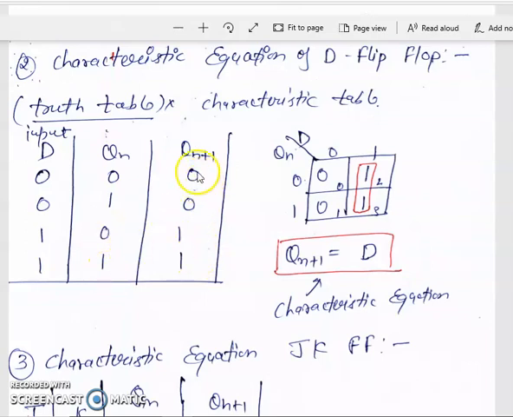The output always follows the data input, 0 0 1 1. Construct the K map between D and Qn for Qn plus 1. If we fill in the K map, we have one pair here. The value of this pair is D only, so the characteristic equation of the D flip-flop is D.